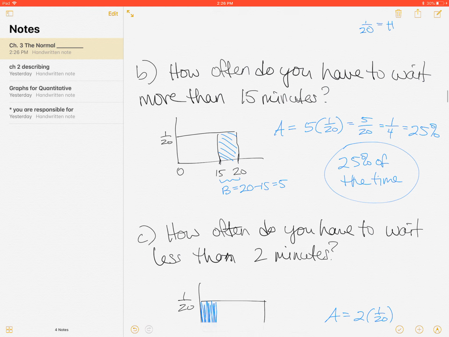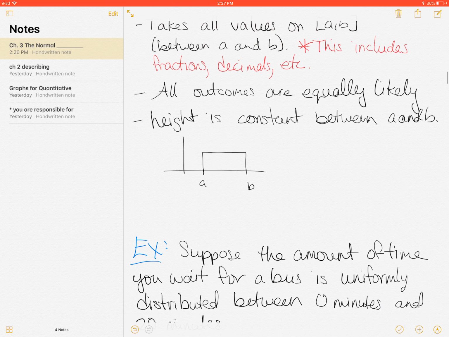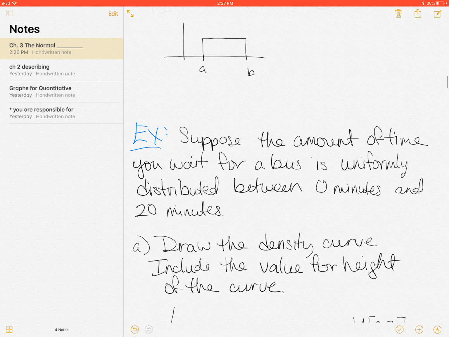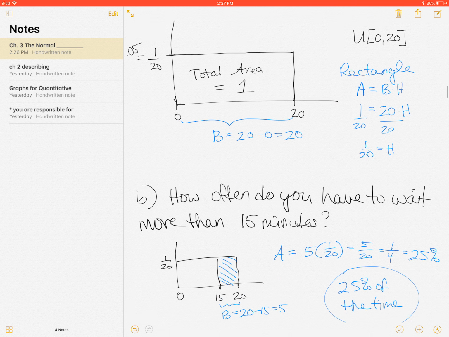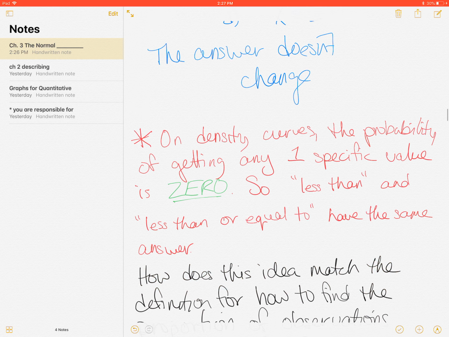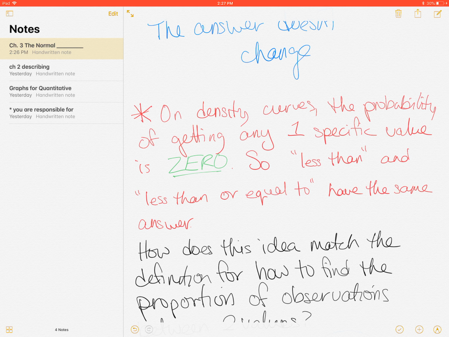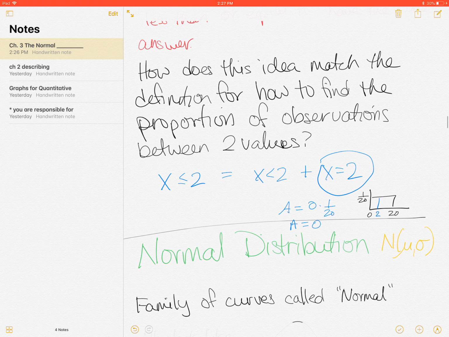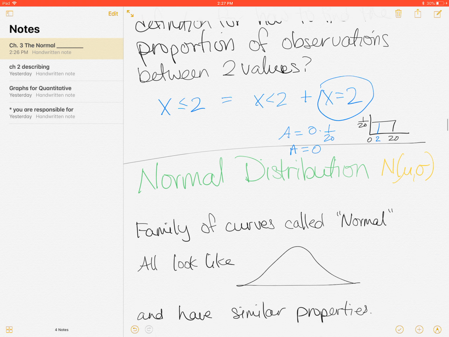Because this is every value between A and B, or between 0 and 20 in this case, there are infinitely many numbers between A and B. And so 1 divided by infinity, well, as the number you divide by gets bigger, your answer gets smaller and it heads towards 0. So just a little bit of expanded idea there. You don't have to get that if you don't want to.